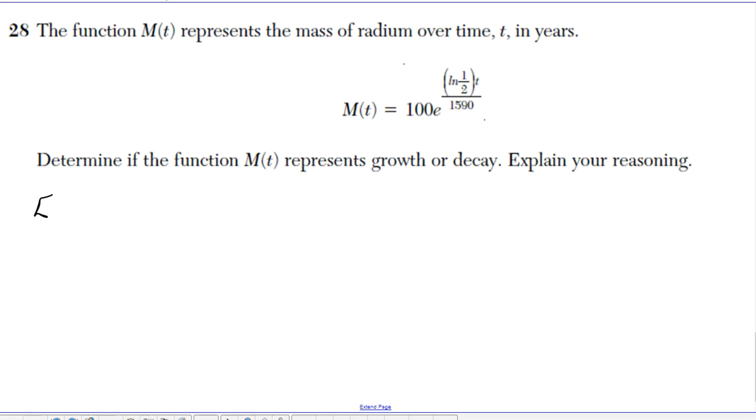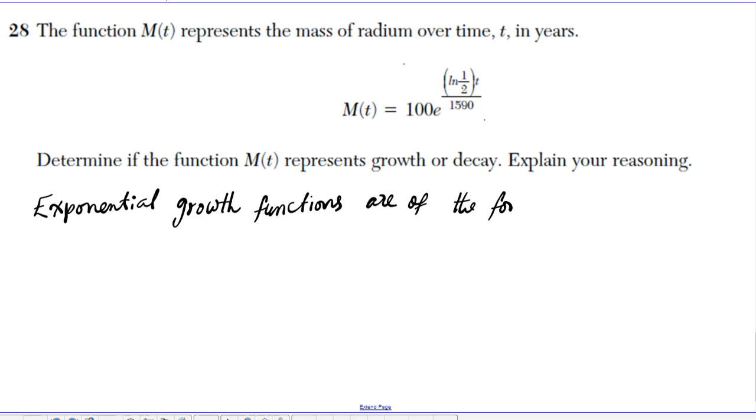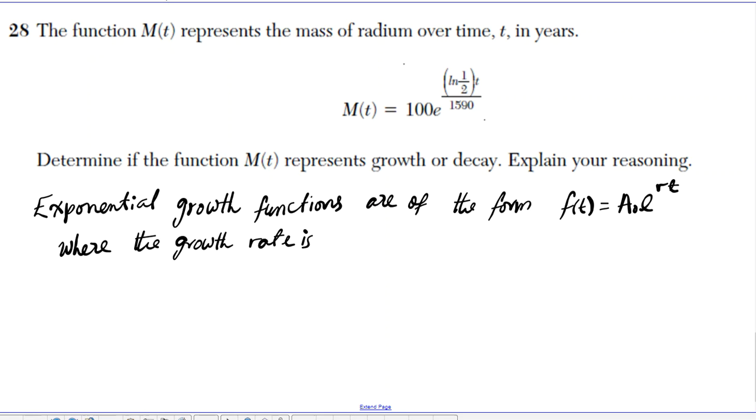Exponential growth functions are of the form f of t equals a sub 0 e to the rt, where the growth rate is positive. That's the first thing to note.